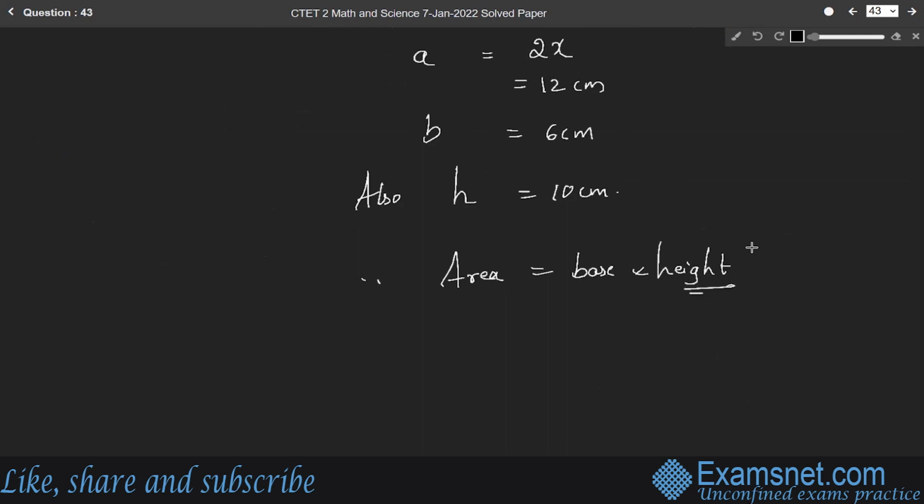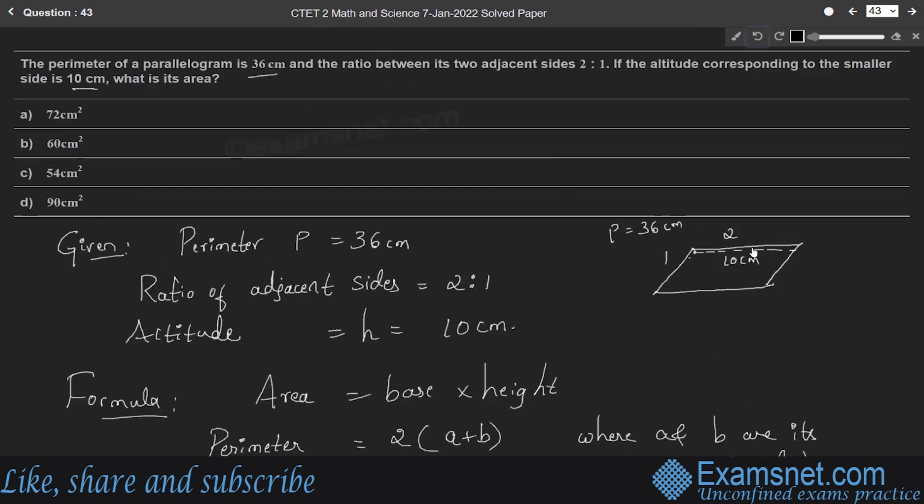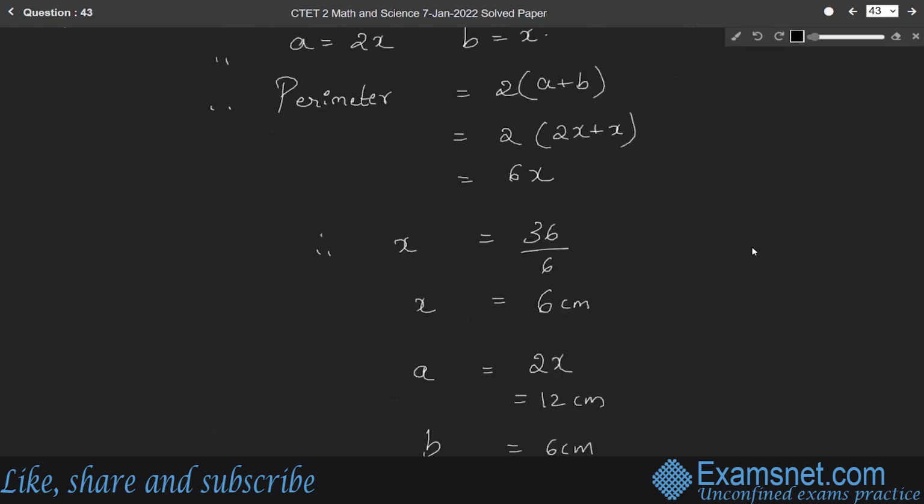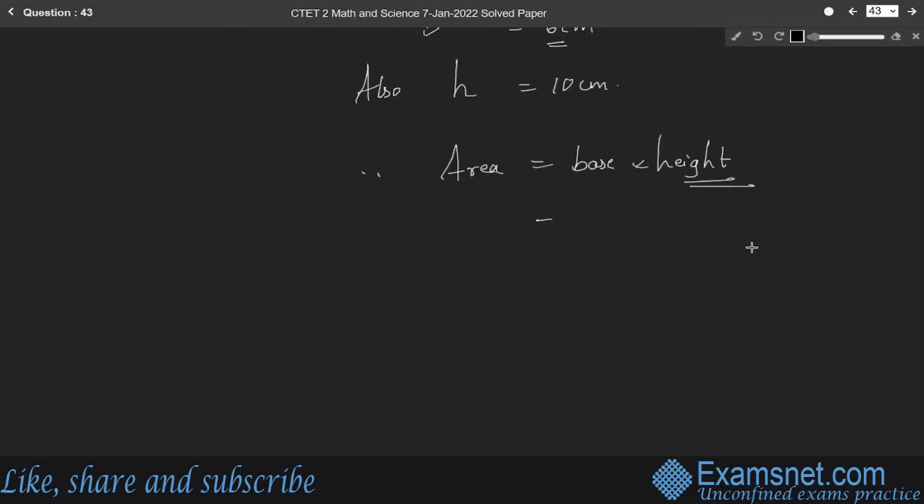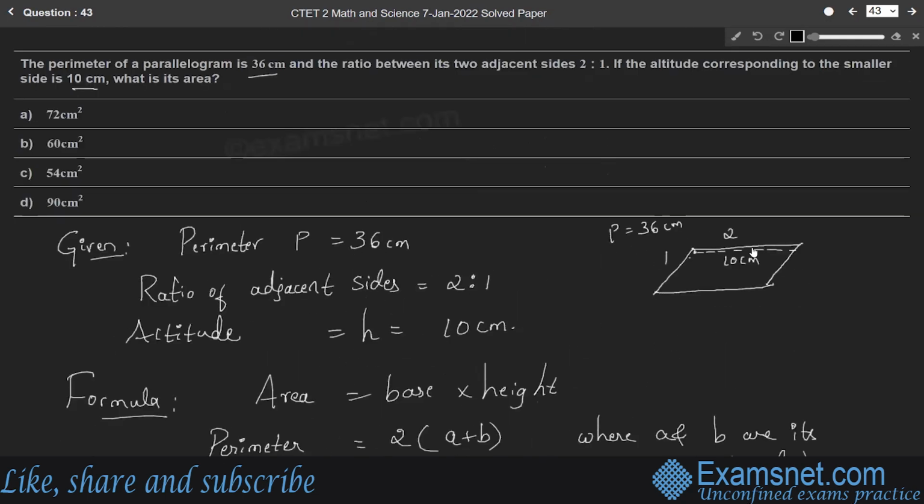So since the height is corresponding to the smaller side, base should be considered as the smaller side. Base is 6 centimeter, height is 10. Area is equal to 60 centimeter square. Therefore, the correct answer is option B, 60 centimeters square.